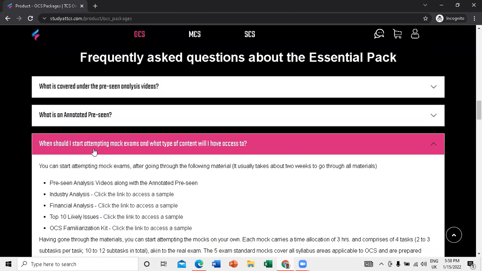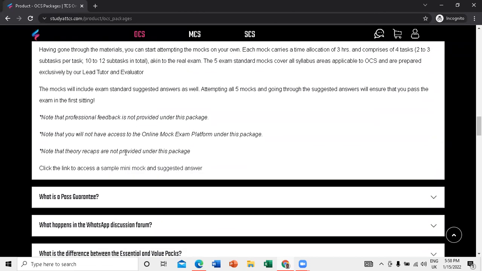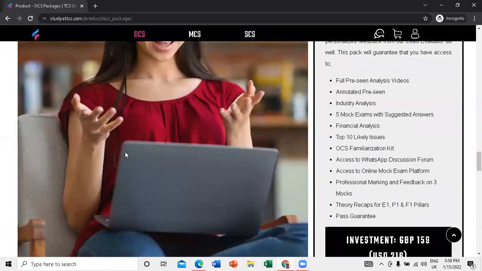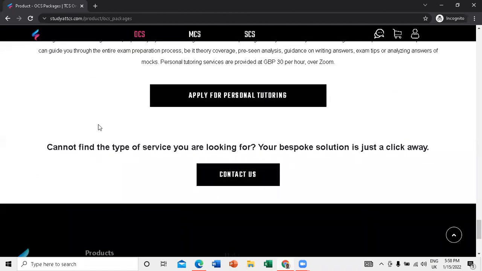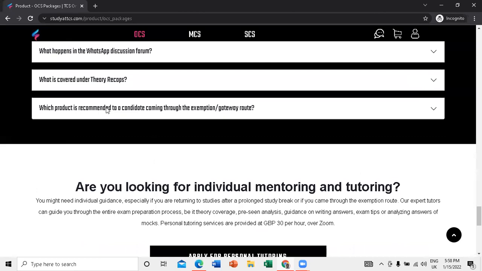We have given access to sample material, so going through it, you would understand what we are covering under each and every product category and each and every product we are providing. The same could be said about the value pack as well. If you want personal tutoring, you can apply for that as well. All right, having said that, let me go back to our session.